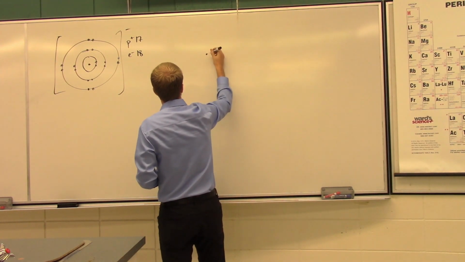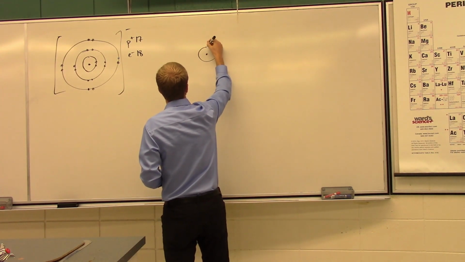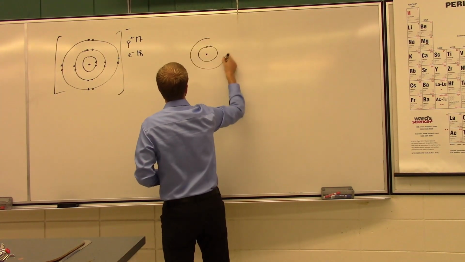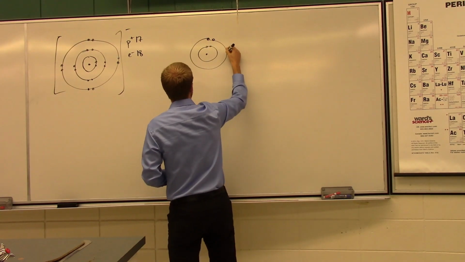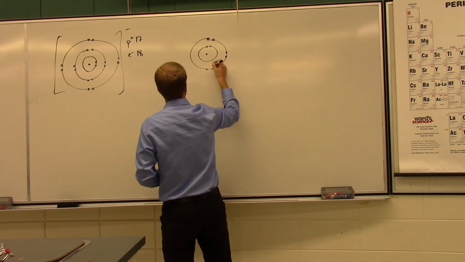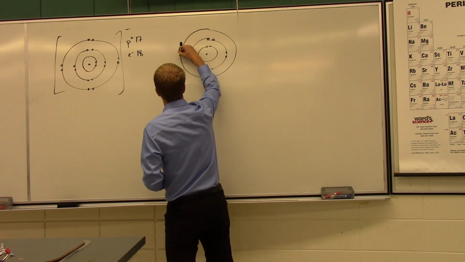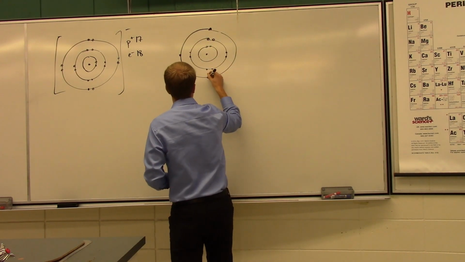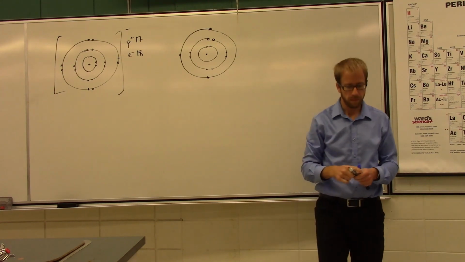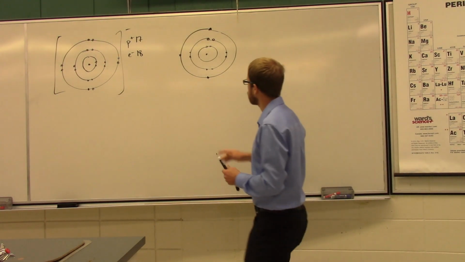How many electrons in total does aluminum have? 13. So how many valence electrons does it have? 3. It has 3 valence electrons, right? So what does aluminum want to do? Lose 3. It wants to lose 3 electrons, right?